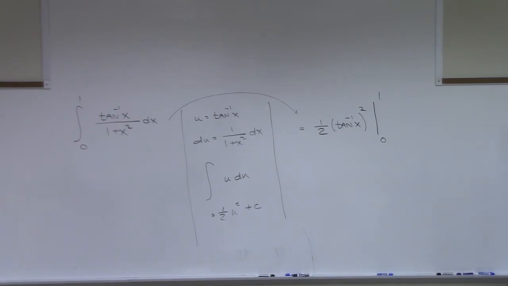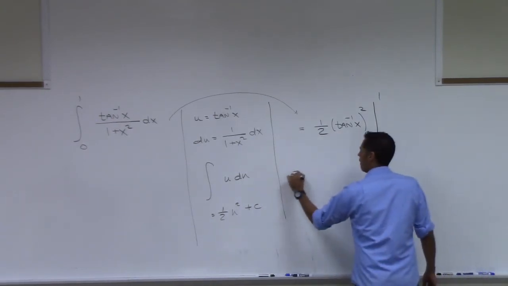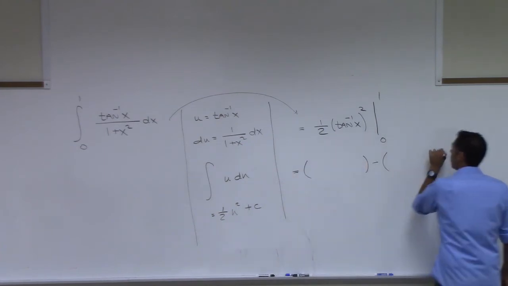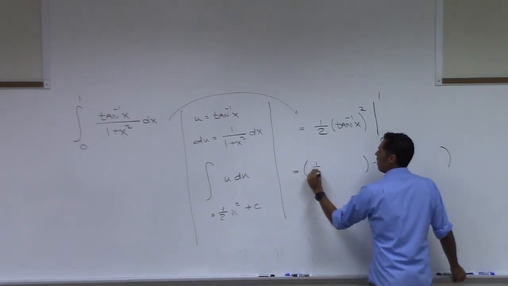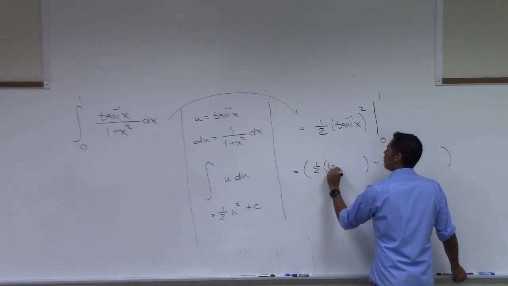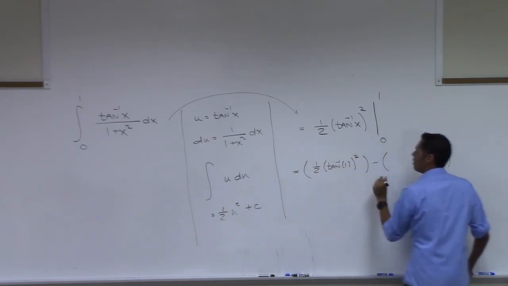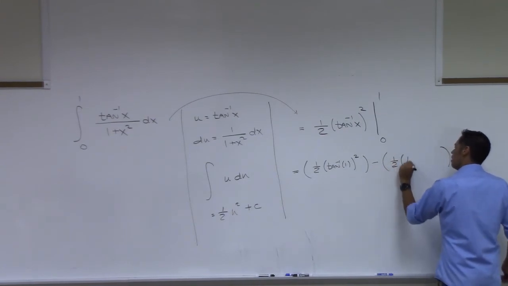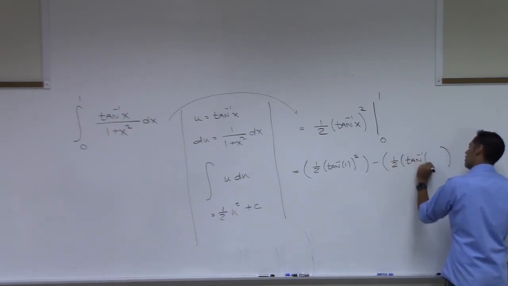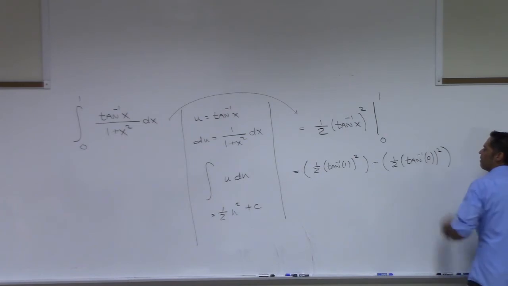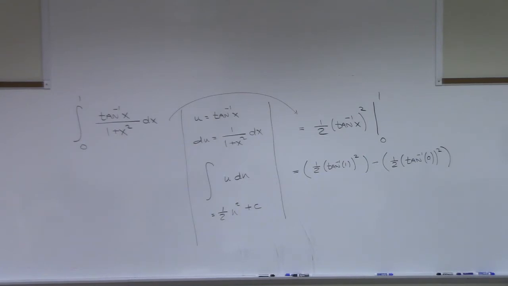So we plug in 1 first, right? And then we plug in 0. So 1/2 arctangent of 1, that quantity squared, and then 1/2 arctangent of 0, and then that quantity squared. What is arctan of 1? Pi over 4.